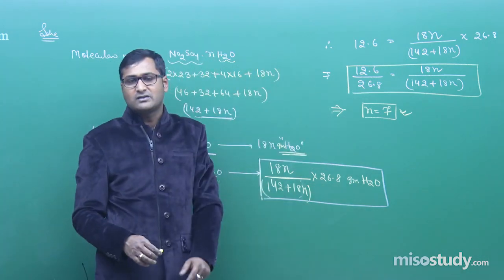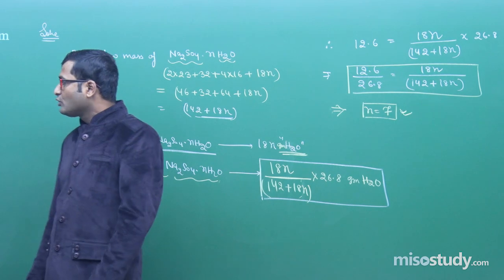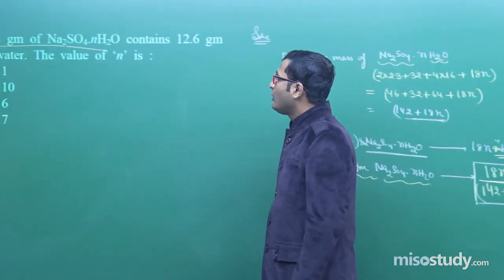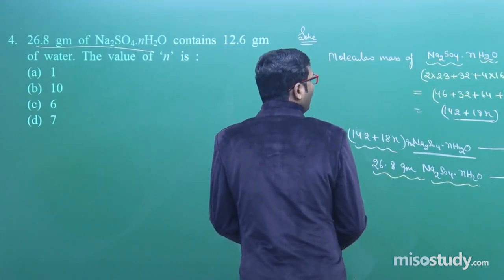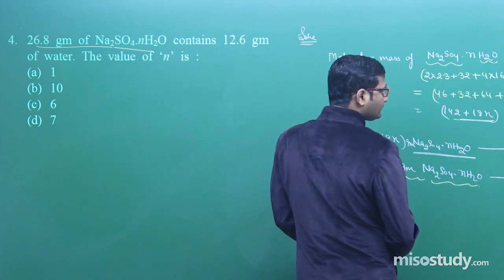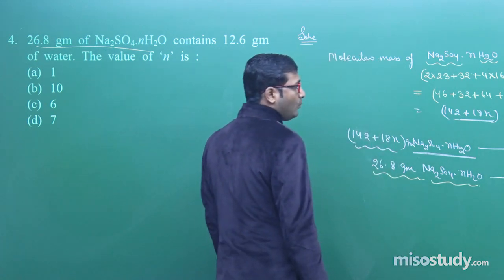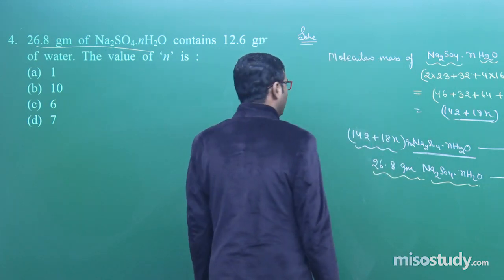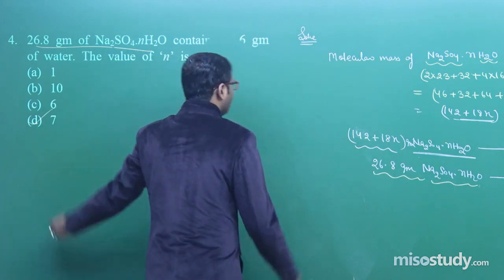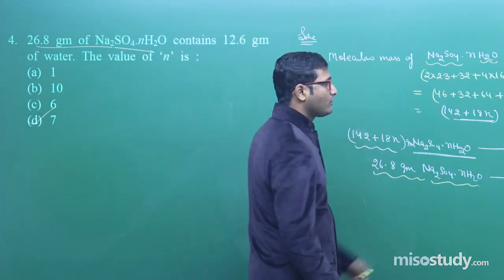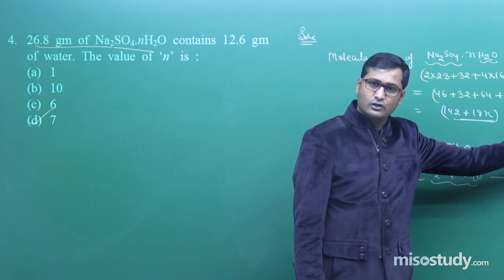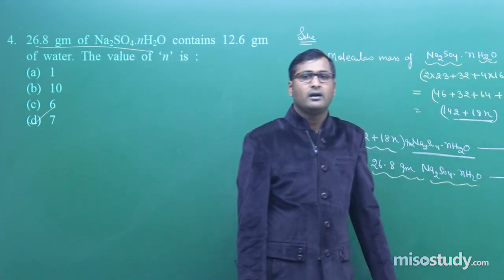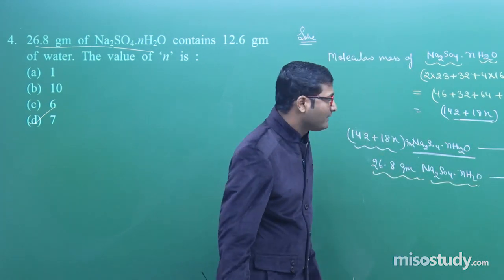So equate this value, you will get the answer. So the value of N will be 7. I am not going to solve this calculation. You can easily solve. The value should be N is equal to 7.